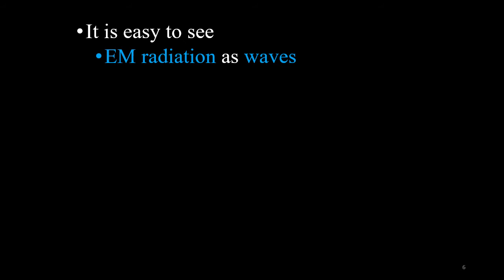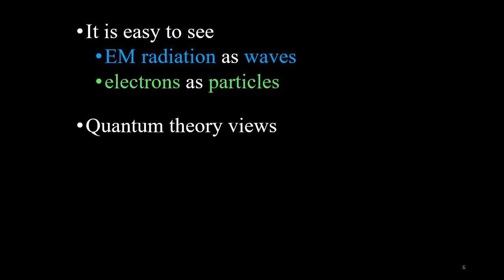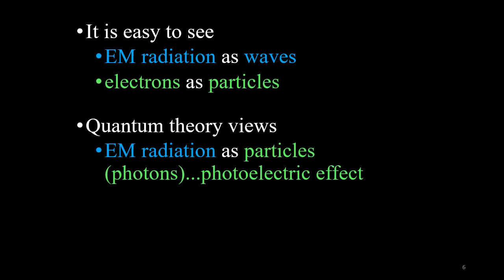All right, so it's easy to see that electromagnetic radiation is a wave. We can talk about light waves and measure their wavelengths and frequencies, and that's easy to understand. It's easy to understand electrons as particles. We can easily visualize them as little teeny tiny spheres zooming around. But the quantum theory views electromagnetic radiation as particles as well.